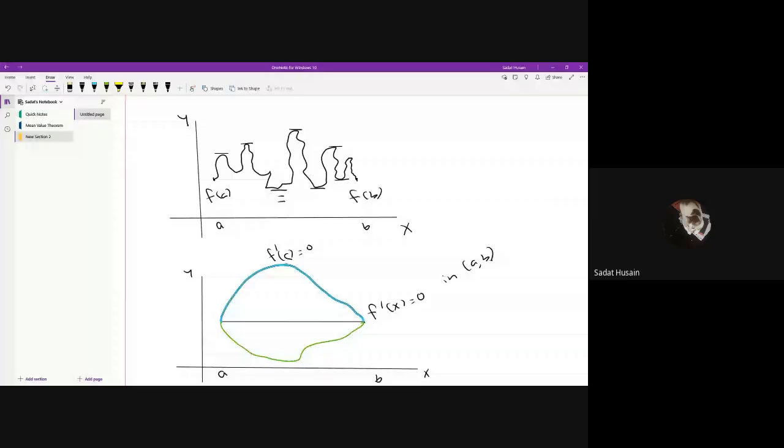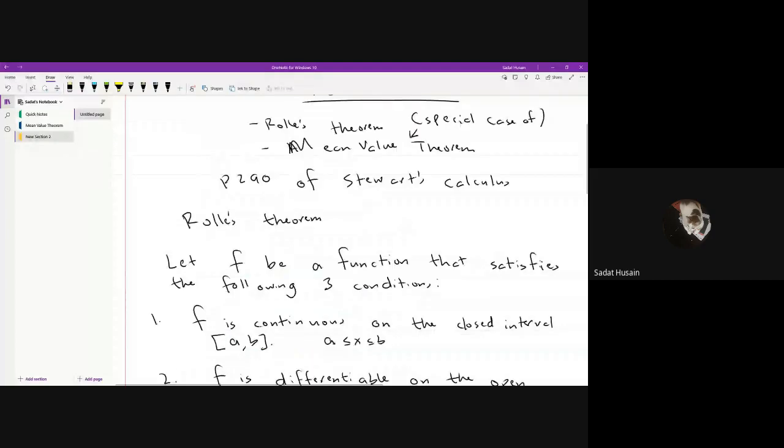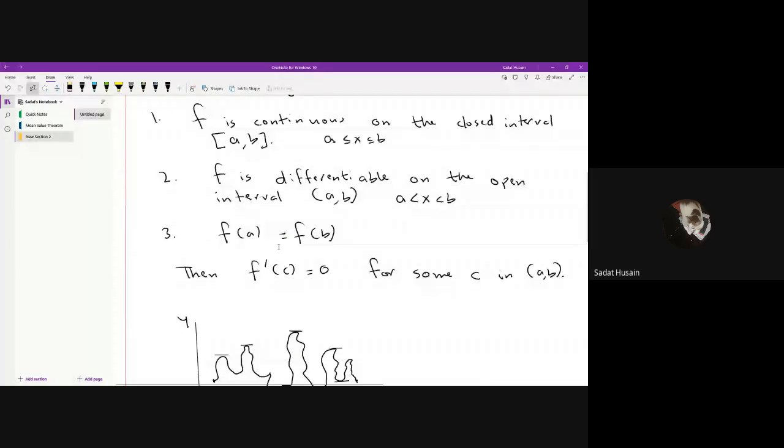So for example, if it's not continuous, f prime a and f prime b don't have to exist. What this is basically saying is that f prime a and f prime b don't have to exist.